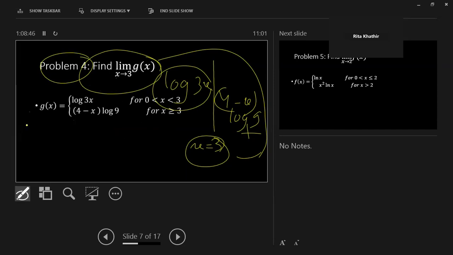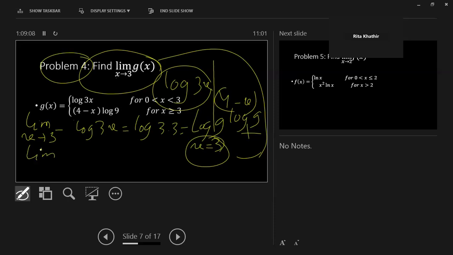We make the limit as x approaches 3 minus. Then it is log 3x, and then log of 3 times 3, log 9. Look at the limit as x approaches 3 plus, from the right-hand side: that would be (4 minus x) log 9.